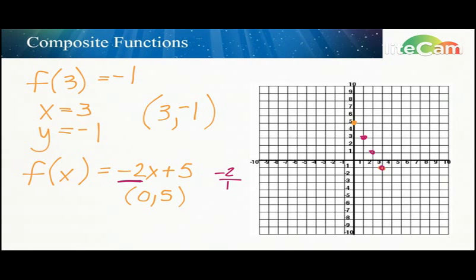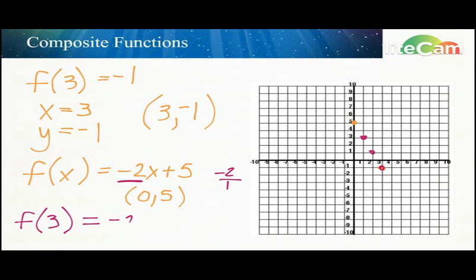Now let's try our f of 3 again. If I ask you what f of 3 is, remember the 3 is the independent value. I'm asking you to give me the solution or answer for y, which is dependent on 3.